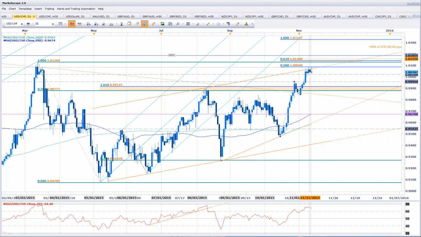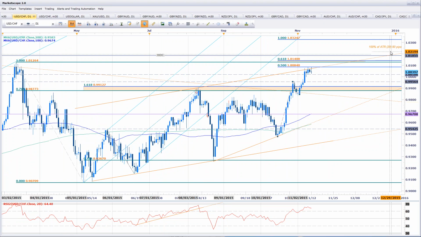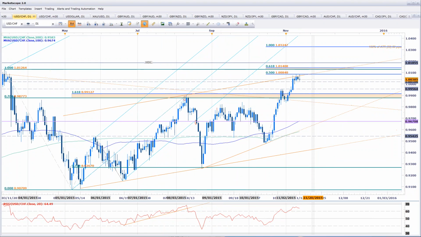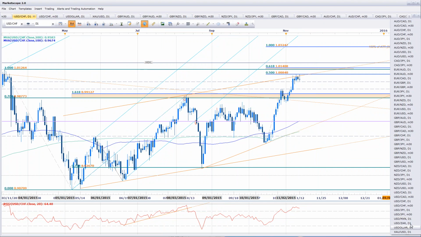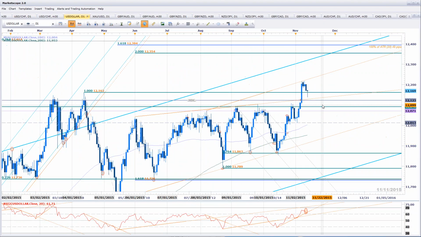And just higher, you do have key resistance, which is the yearly high they made in March, and the 1618 off the low. That's basically like 101.40, 101.25. So just something to keep in mind here. I don't really want to trade this very, very tight ATR, but it does reflect the same type of picture that you're looking at with the dollar index, which is also flirting with that resistance. So just a note there.